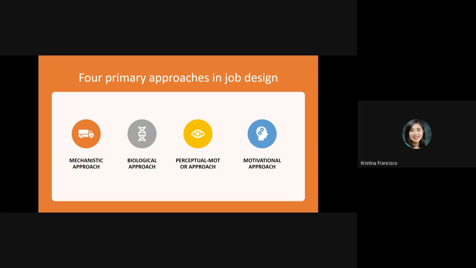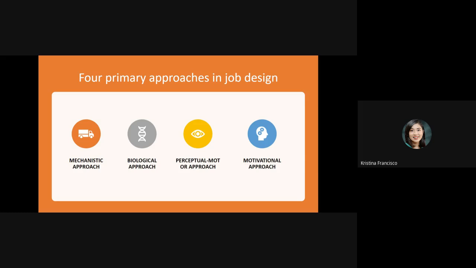For productivity and satisfaction, we can link the mechanistic approach, which can be combined with, again, a motivational approach, by making the role efficient while also offering job enrichment. For example, while a role may focus on specialized tasks, adding autonomy or variety can keep employees engaged and motivated, balancing productivity with job satisfaction. We also have error reduction and satisfaction, meaning we are integrating the perceptual motor approach with the motivational approach.